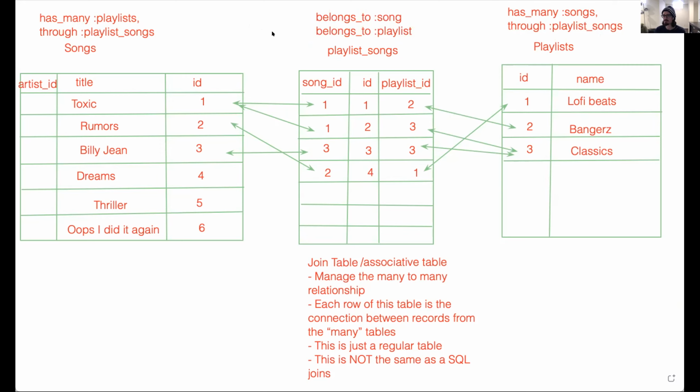So when we use these has many and these belongs to, we're looking at a single record. What's that single record's relationship to the other tables? So if I look at this playlist song number 1 here, it belongs to this one song and this one playlist. So each single record out of that playlist songs table belongs to one record from the other tables.